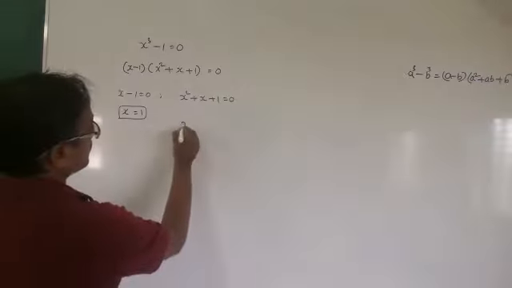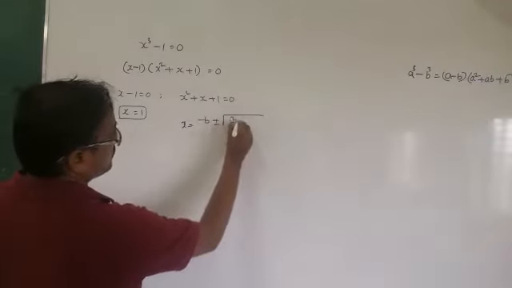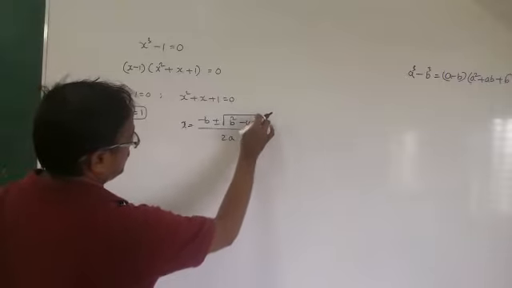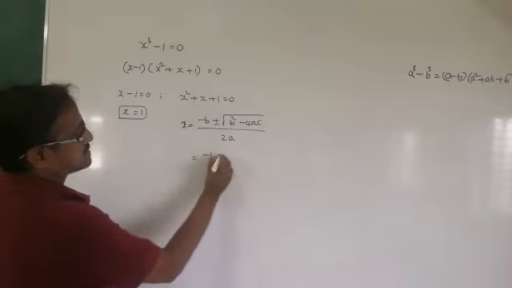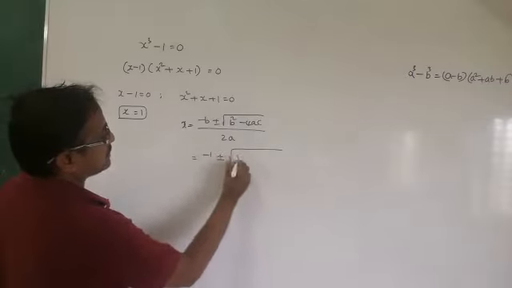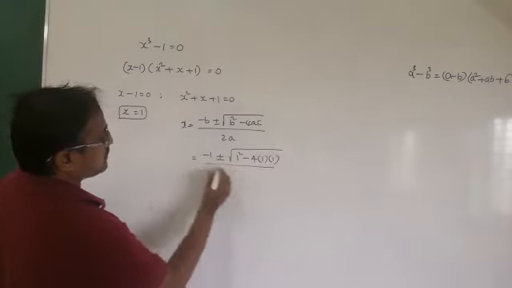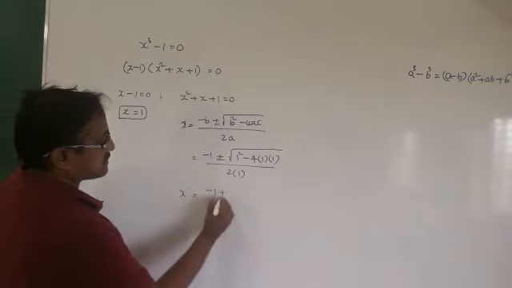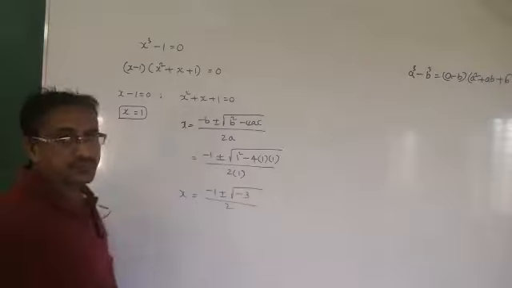By using the formula x is equal to minus b plus or minus root of b square minus 4ac by 2a, you will get minus 1 plus or minus root of 1 square minus 4 into 1 into 1 by 2 into 1. So x is equal to minus 1 plus or minus root of minus 3 by 2.